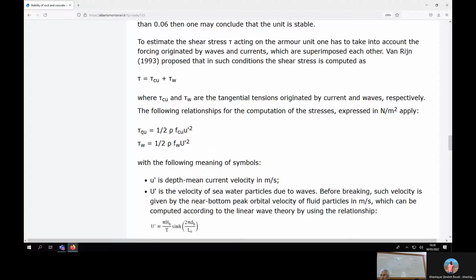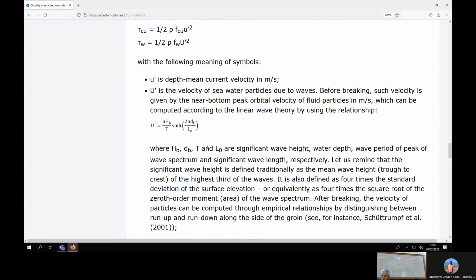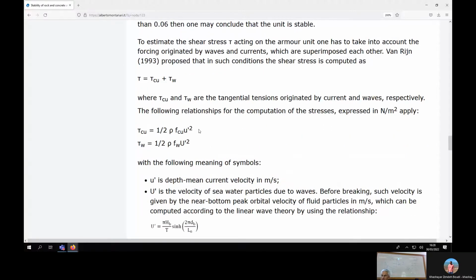And then if you look at currents, the relationship is similar, but you have a different friction factor, and there is an empirical relationship below in the page to compute it, and U prime is now the velocity of the current.